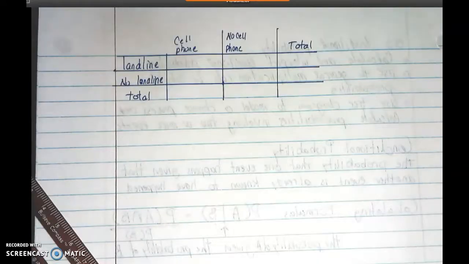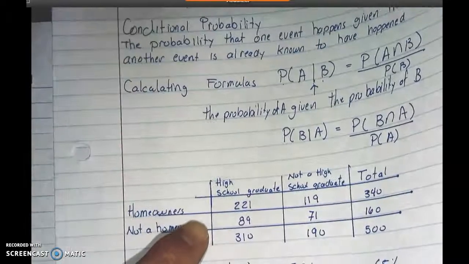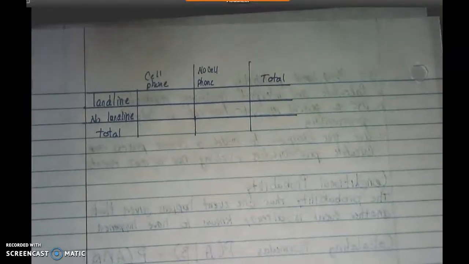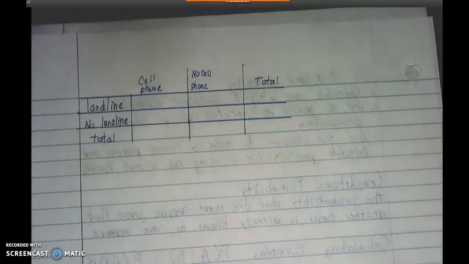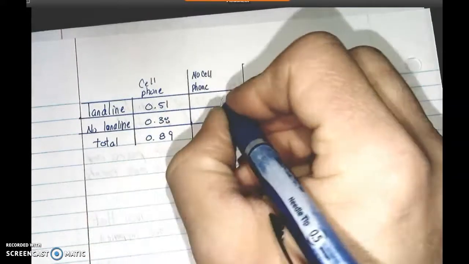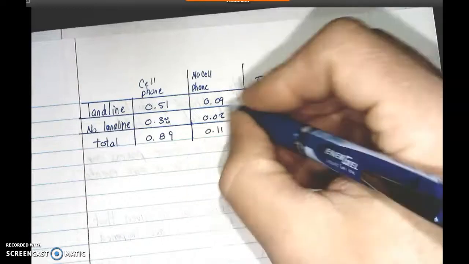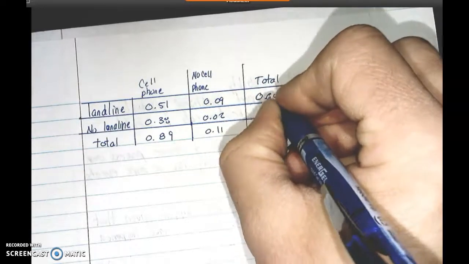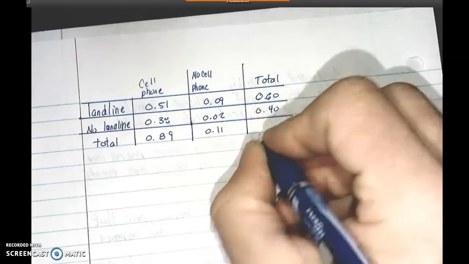Okay, so this is going to be another example of conditional probability, but instead of the total numbers like we have here, we can actually just calculate the percent, okay? So this one's 51, this is 38, this is 89, this is 0.09, this is 0.02, 0.11, 0.60, and 1.0.